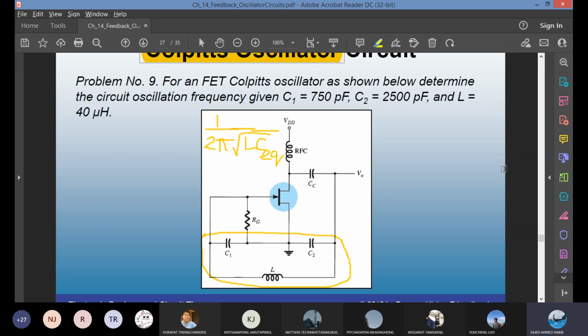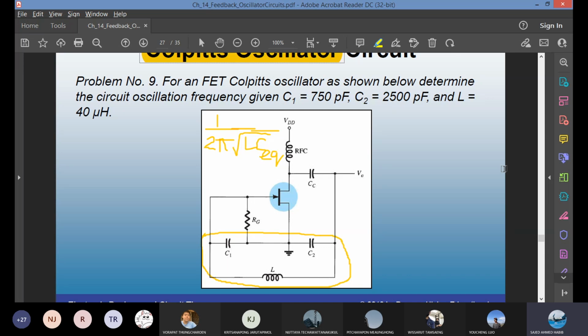577 picofarad is the correct answer. 577 picofarad, and then you have to multiply with 40 microhenry first, and then take a square root. Take a square root of your answer, and then what I did is I multiplied by 2 pi, and then I inverted my answer. I have 1.047, 1.05 megahertz, not microhertz actually.